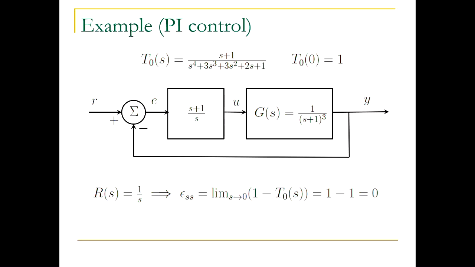And hence, if your plant model is close to the true system, you will still stabilize using the same controller, and then the analysis is the same. So what this says is we can cope with small plant uncertainty and still achieve the same result.